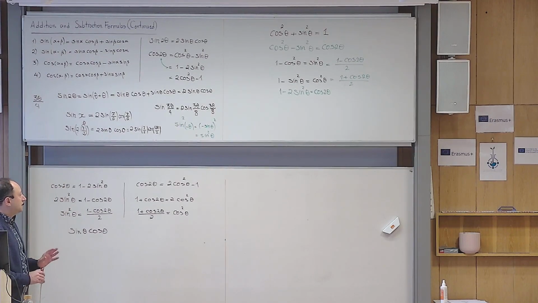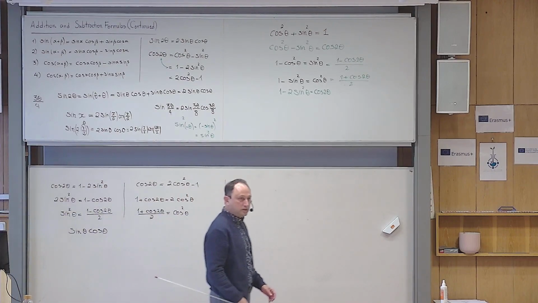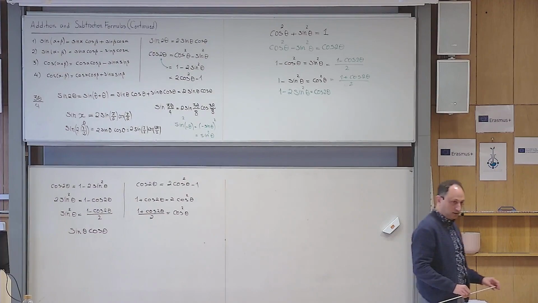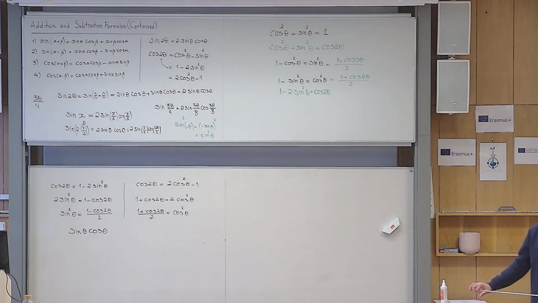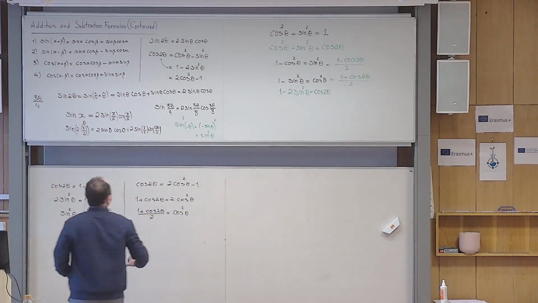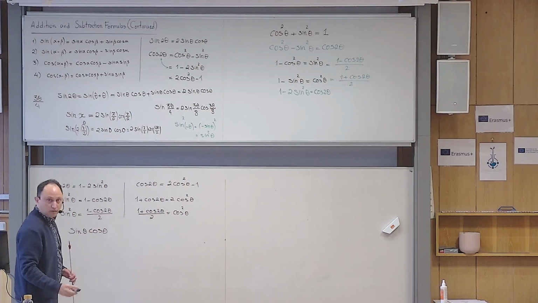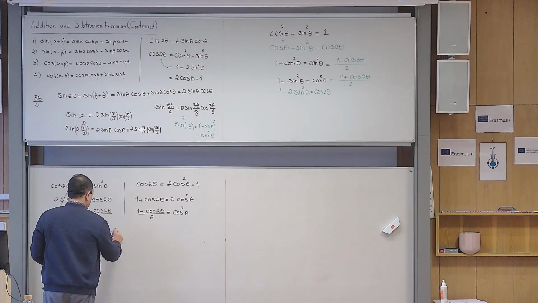So this is why I'm saying, if you don't understand exactly what is going on, just having access to the formula sheet is not that helpful. How should I write this combination that appears here? Sine theta, cosine theta. Divided by 2. So this is something I want you to know.